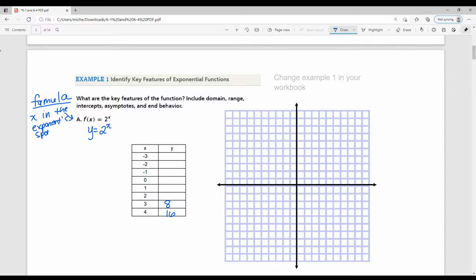If x is 2, y would be 2 squared, and 2 squared is 4. 2 to the 1st is 2. 2 to the 0 power is 1. 2 to the negative 1 is 1/2. 2 to the negative 2 is 1/4. And 2 to the negative 3 is 1/8. So now let's plot all of these points.